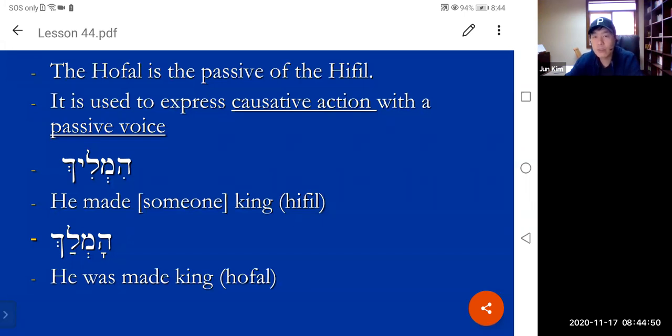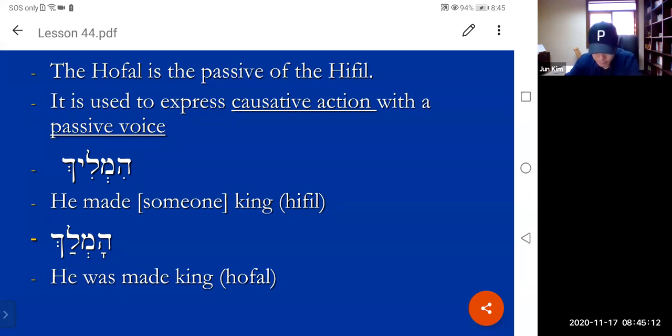What does it mean? Made someone king. So in the Hefil stem, he made someone king. But in the Hofal stem, it must be he was made the king. So you need to see the difference between Hefil and Hofal in terms of the meaning.